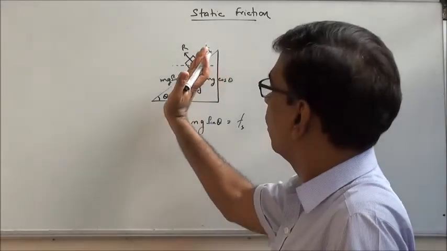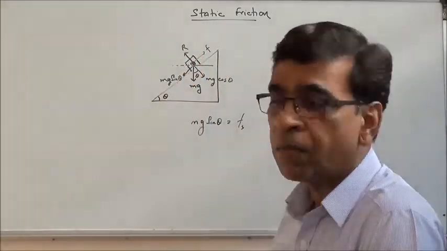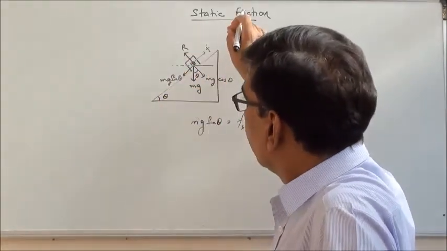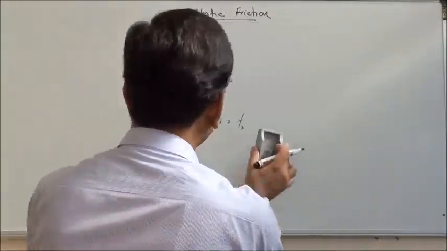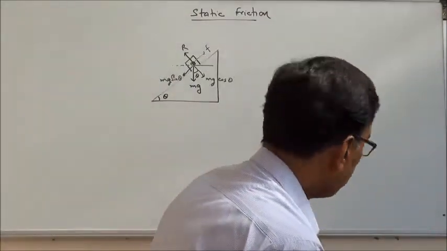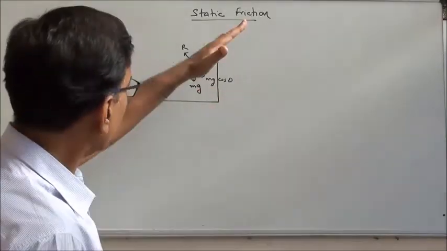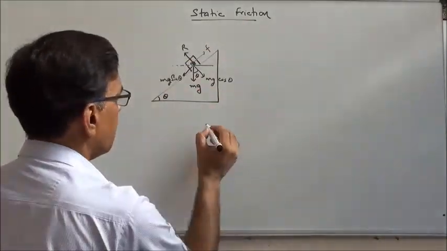If we keep on increasing the angle of the inclined plane, at a particular value of this angle, the object will start sliding. We can find out even that angle. Let us say at this angle theta, it starts sliding down. What does it mean?